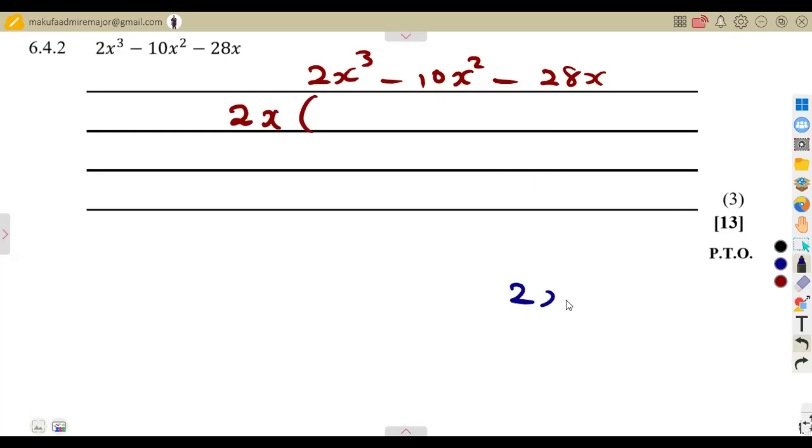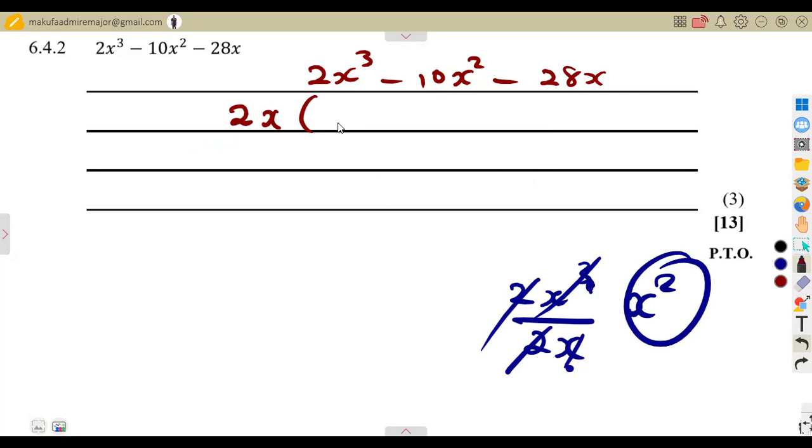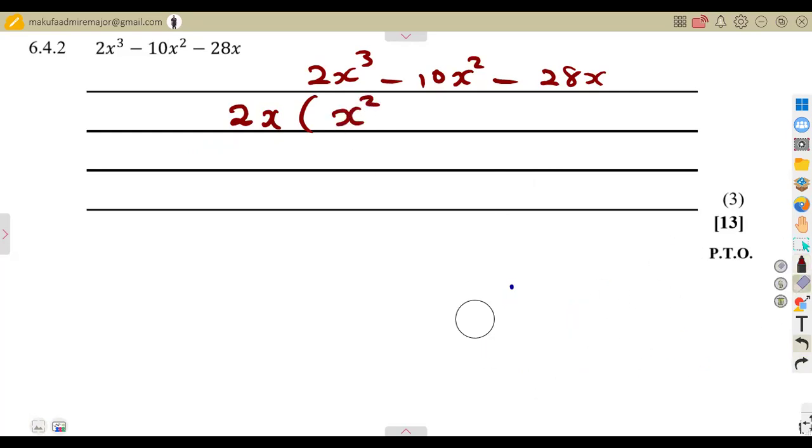So that is 2x cubed divided by what you factored out. The x and the 2: x into x to the exponent of 3, there are 3 here, so we are going to remain with 2. So that will be x squared, okay? You do the same thing with the minus 10x squared divided by 2x.